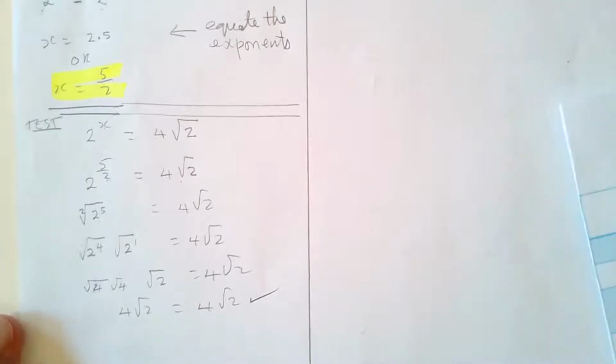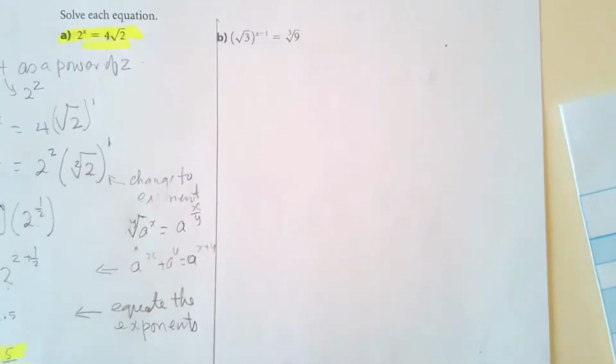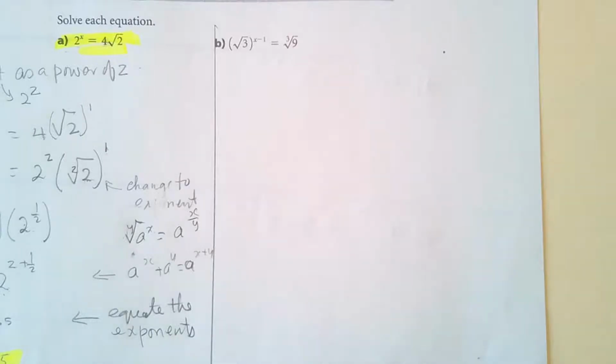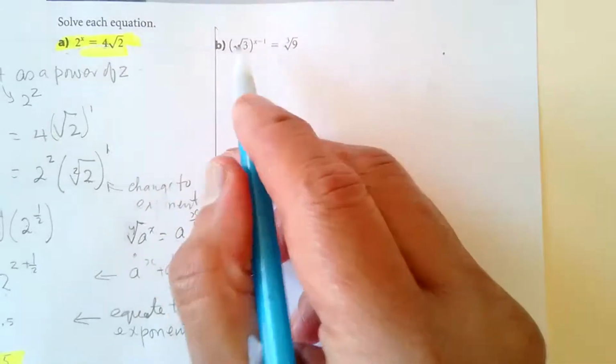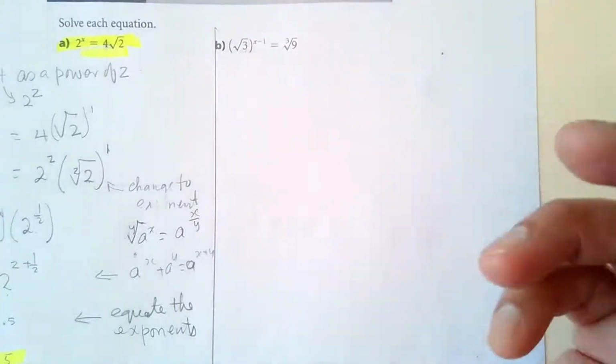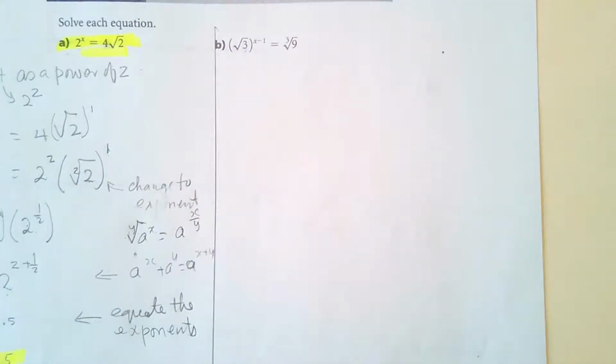Let's do a test, and you can verify your work by doing a test also. This other example involves radicals. In this case, what you would like to do is write both sides as a power of 3. 3 is a prime number, so we cannot get lower than 3.